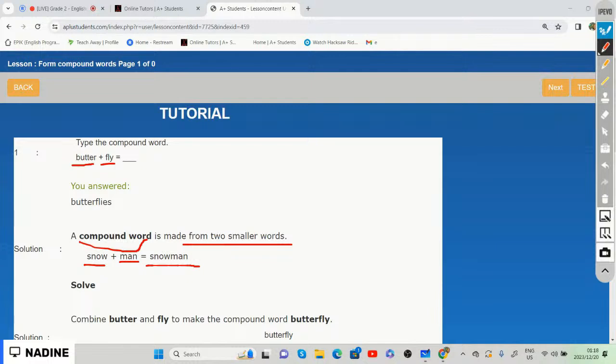So we have butter, which is like margarine, plus fly. Usually birds fly in the sky. But if we put those two words together, they're two small words, and then we create our compound word, which is butterfly.